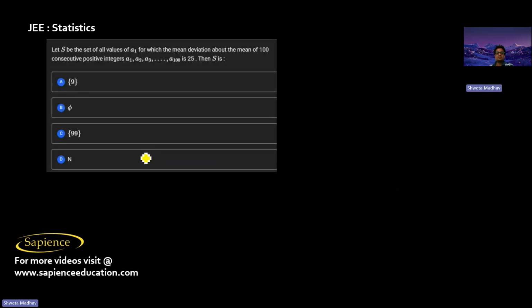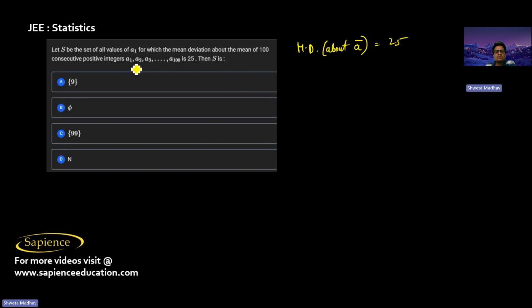And here it is told that S is the set of all values of A1 for which the mean deviation about the mean, A bar, of 100 positive consecutive integers A1 to A100 is 25.